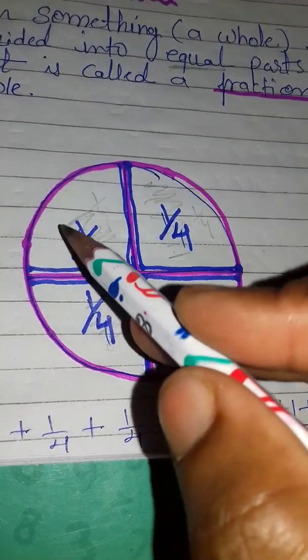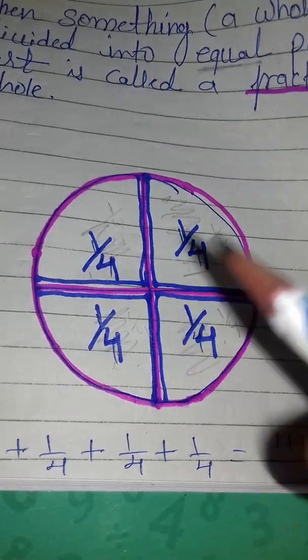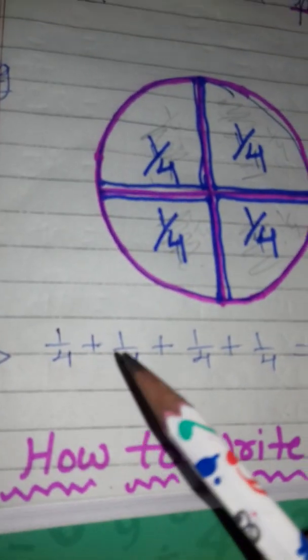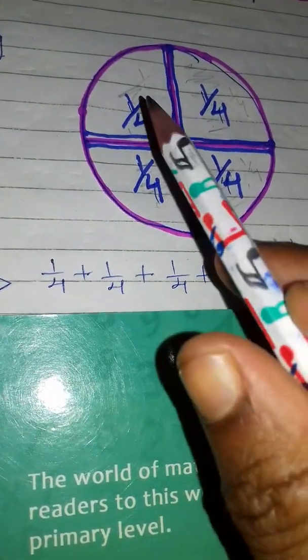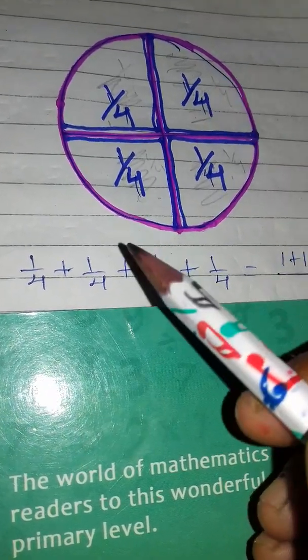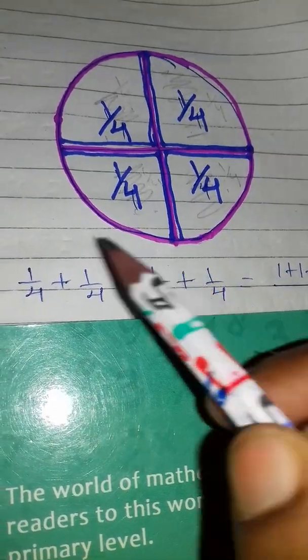If we join these parts together again, what will we get? The circle was divided into 4 parts. 1 by 4, the first part, plus 1 by 4, the next part, plus 1 by 4, the next part, plus 1 by 4, these 4 parts.